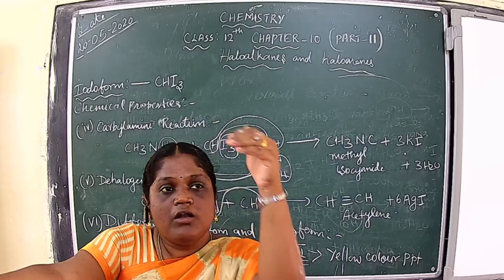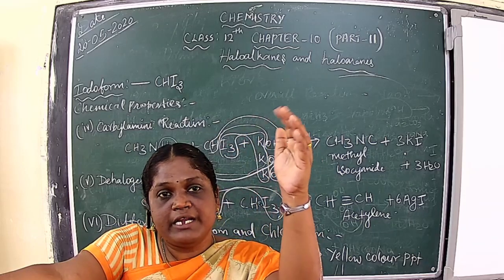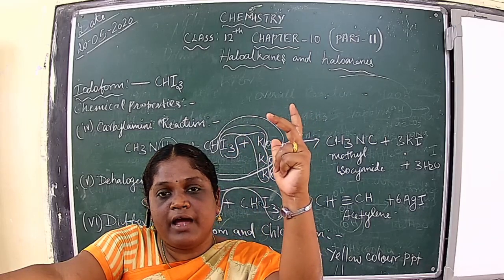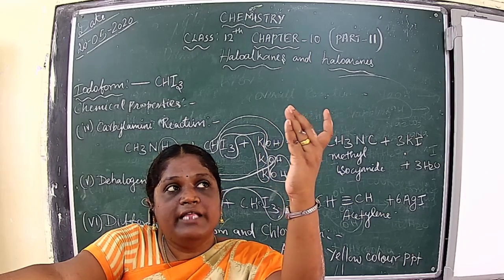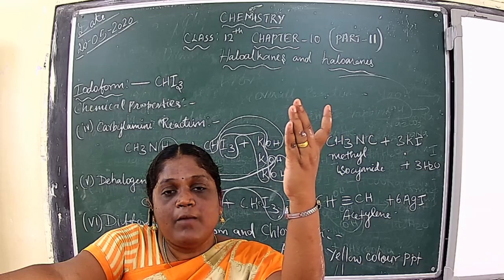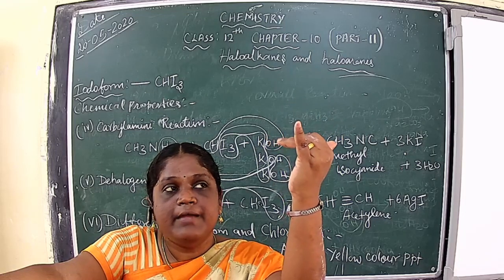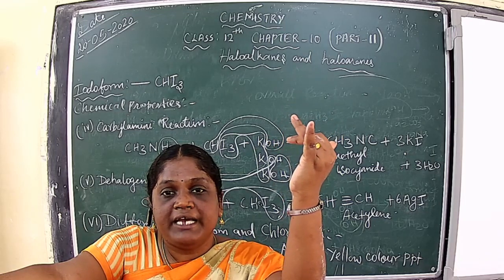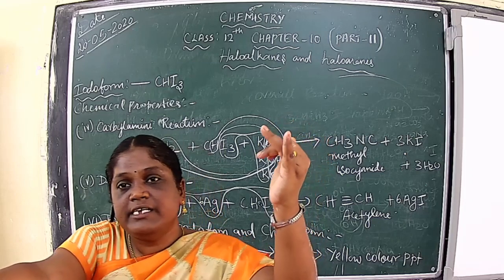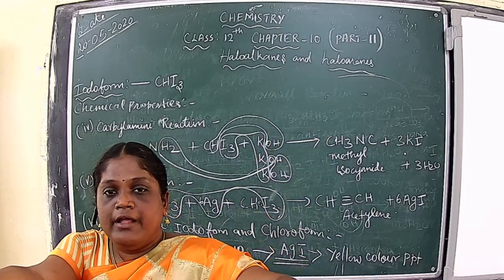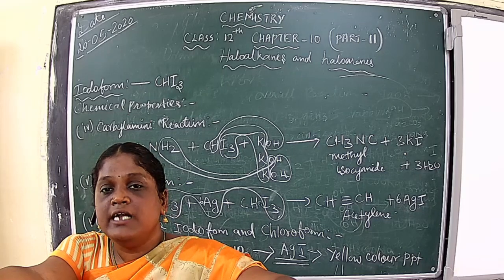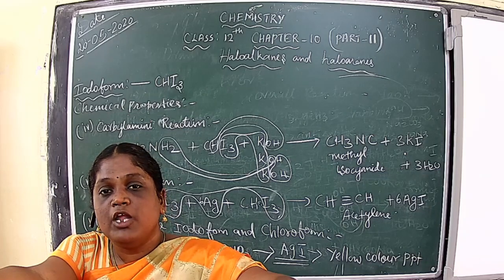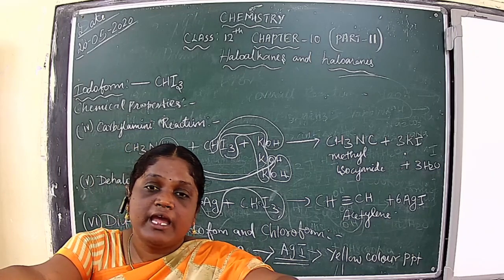Once more, we can recall iodoform preparation from ethanol, and two preparations. Then the chemical properties: the first one is stability, the second one is reduction. During reduction we get methylene iodide, and after that hydrolysis with KOH we get an unstable product, which removes water to give formic acid.